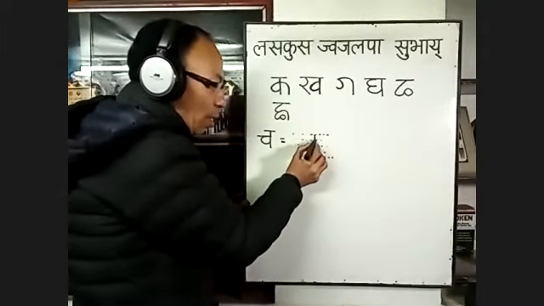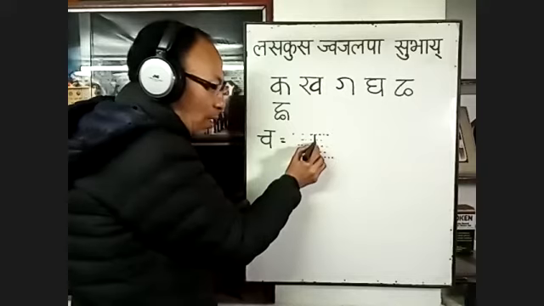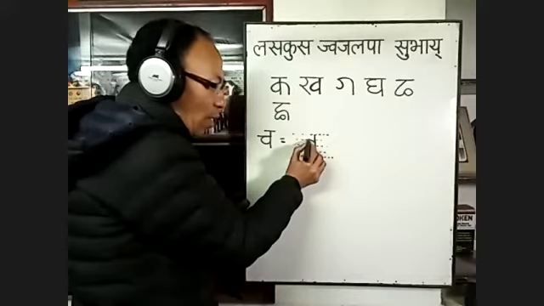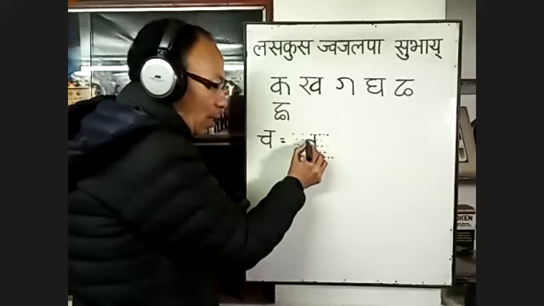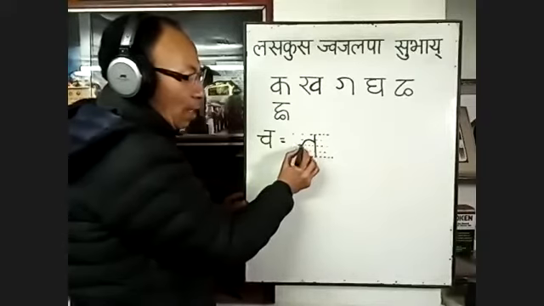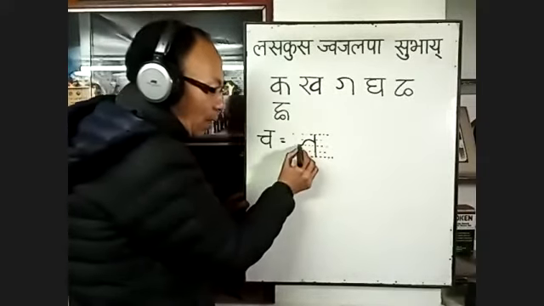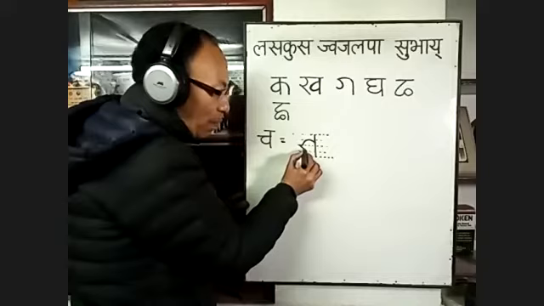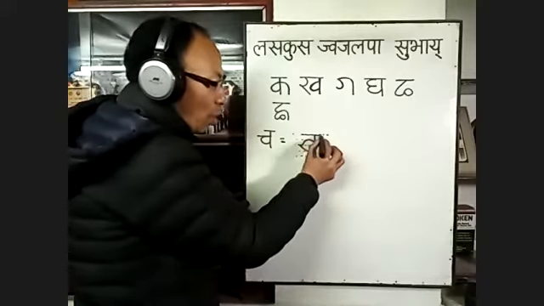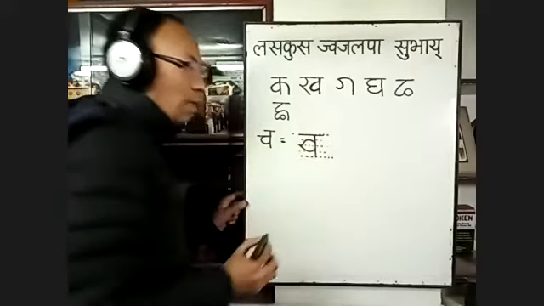Just below the 25% line, you draw this kind of thing, slightly coming upward and touching the 25% line, then coming downward and slightly turning, like the bird's head, and then come to 75% and then go up. This is so.